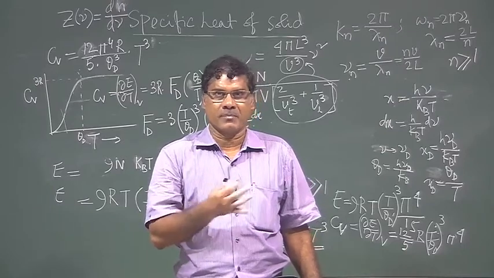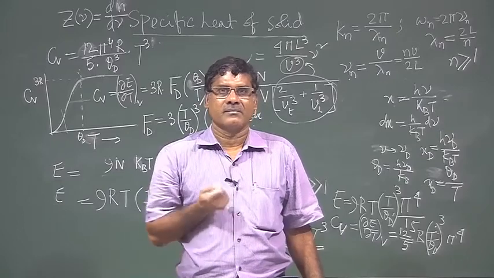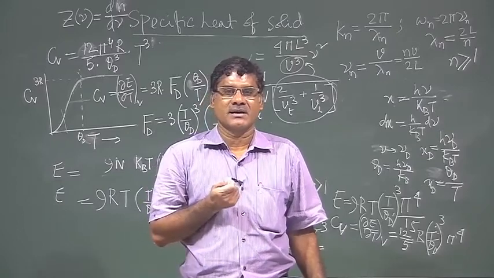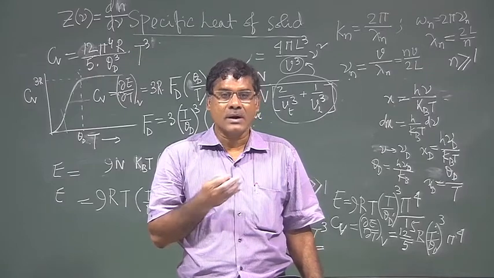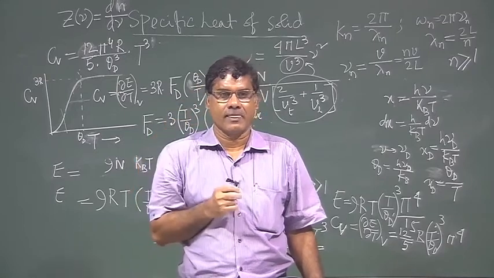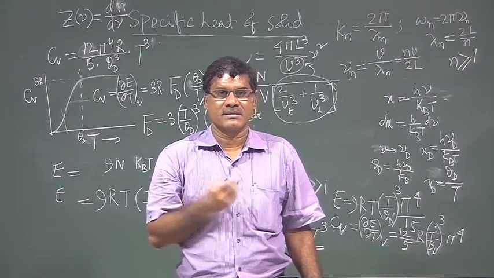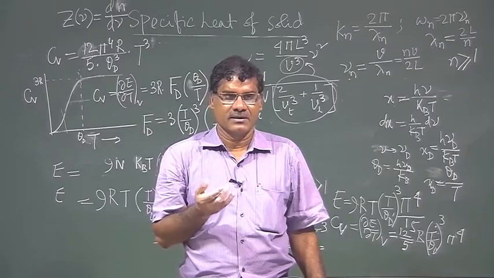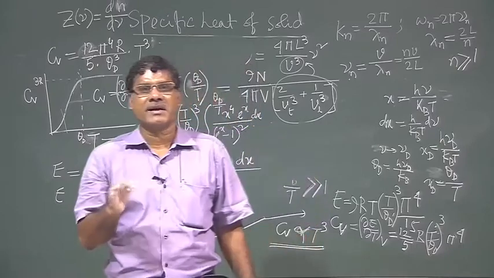Dulong-Petit was completely classical, then Einstein considered it as a quantum oscillator having quantized energy levels, okay, but he considered only one frequency, with all atoms oscillating independently.